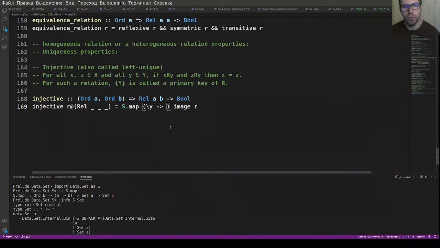At first we need to extract all corresponding x's.